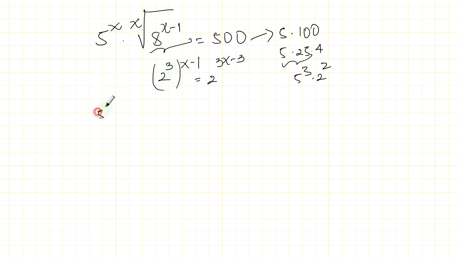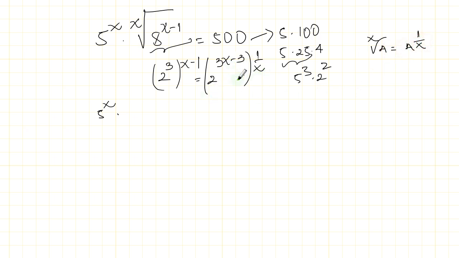We're going to have 5 to the x times, and now this square root here, okay, so this one all to the power of 1 over x, because if we have x here and let's say we have a here, this is going to be a to the power 1 over x.